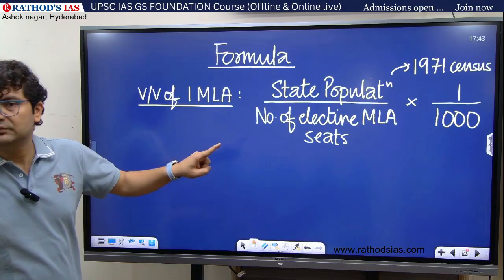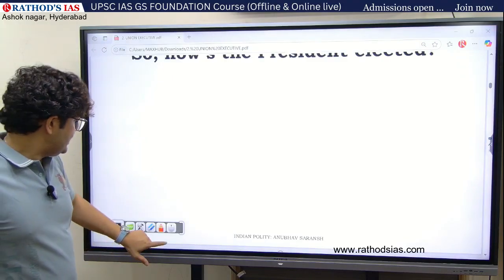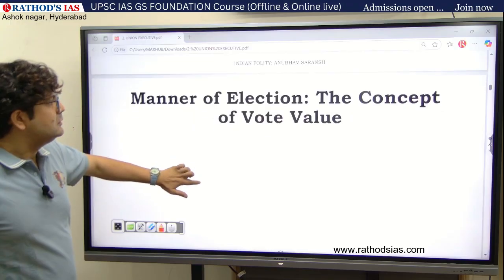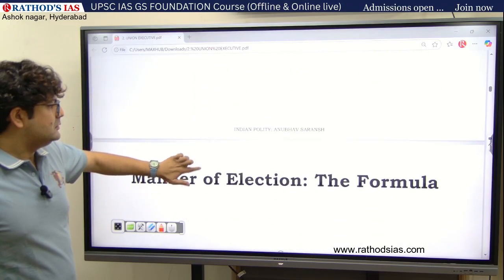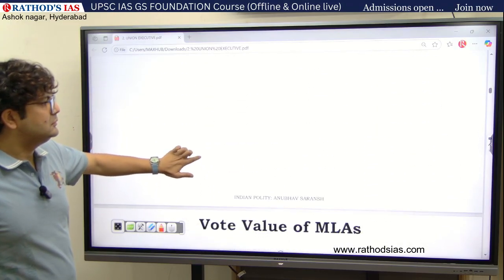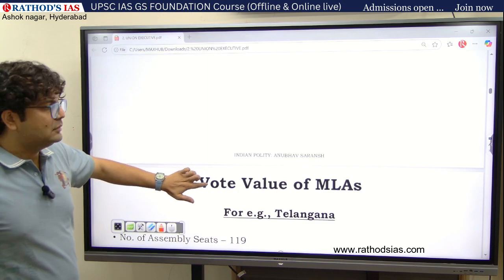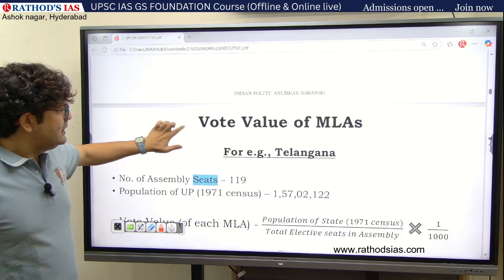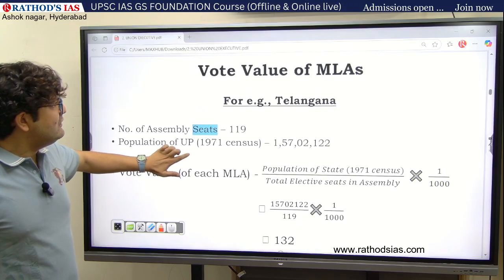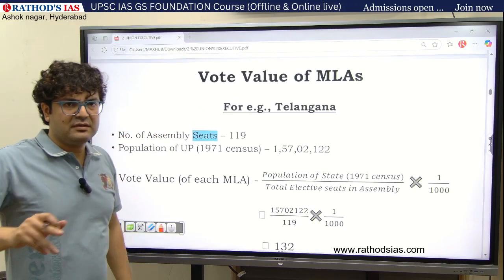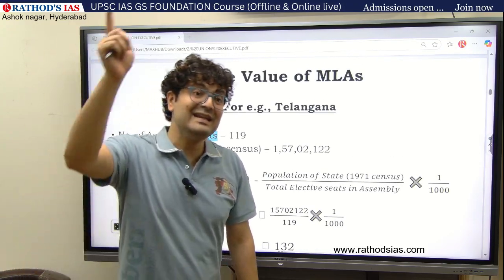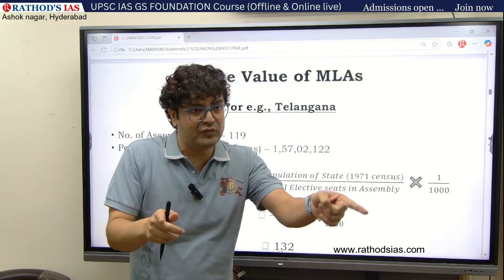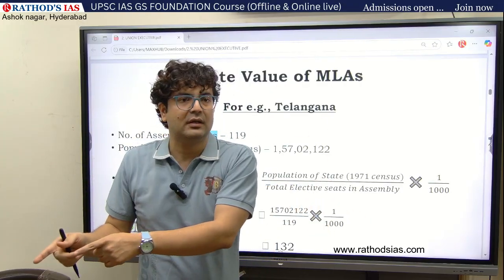Are we done here? Let's look at your state only, Telangana. Formula. So what they would do, like say for Telangana, currently whatever is the number of districts which are part of Telangana, in 1971, what was the population of those 10 districts which were given to Telangana?